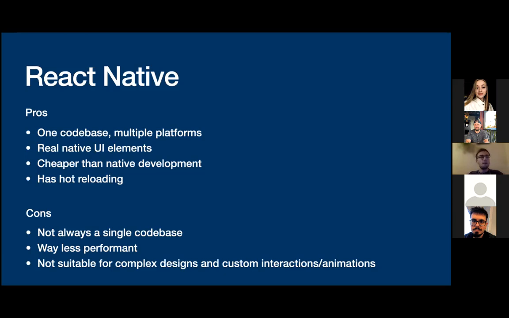Now, what is a native module? It's basically a piece of code that you write in a native mobile development language, like Swift or Kotlin, and you put that in the iOS or Android part of your React Native project.